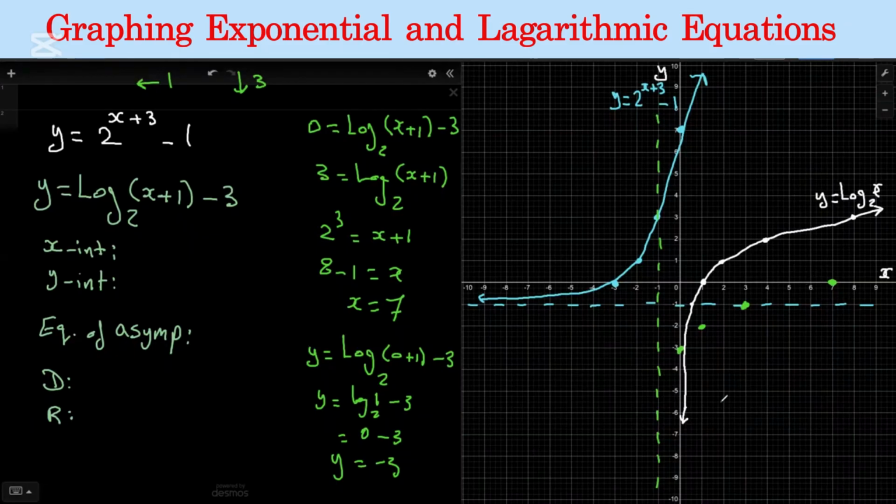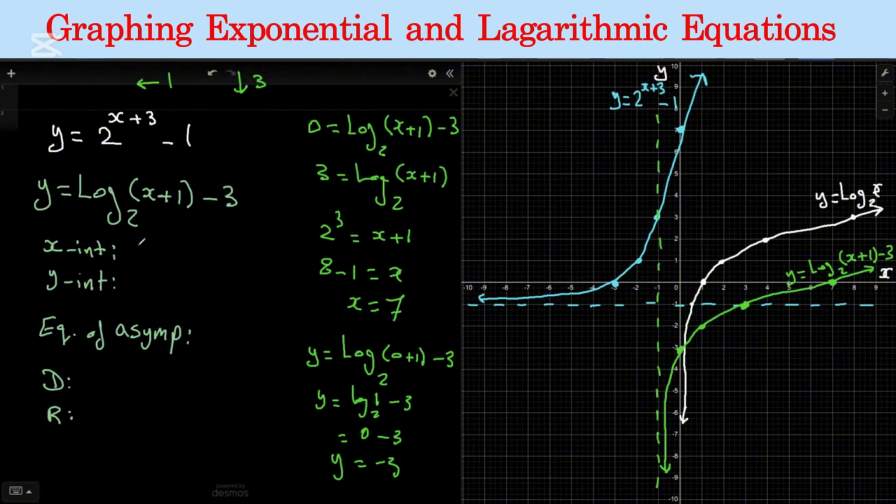Again, we're just going to connect these points. We're going to get very close to the asymptote. And therefore, this is the equation of y equals log base 2 of x plus 1 minus 3.